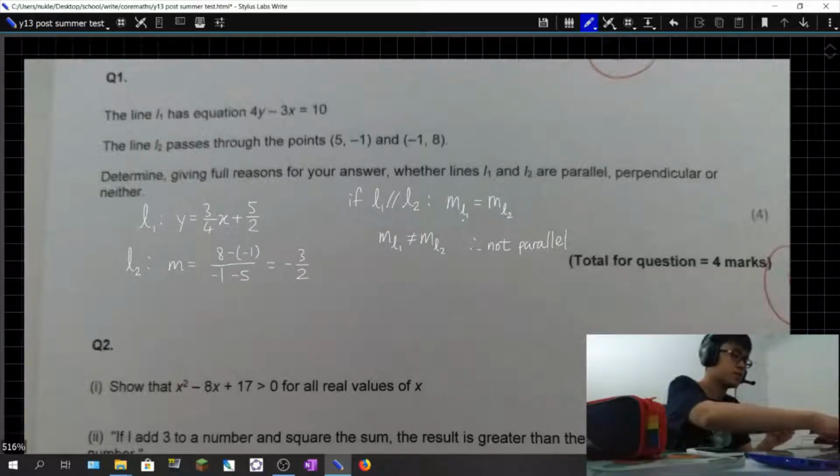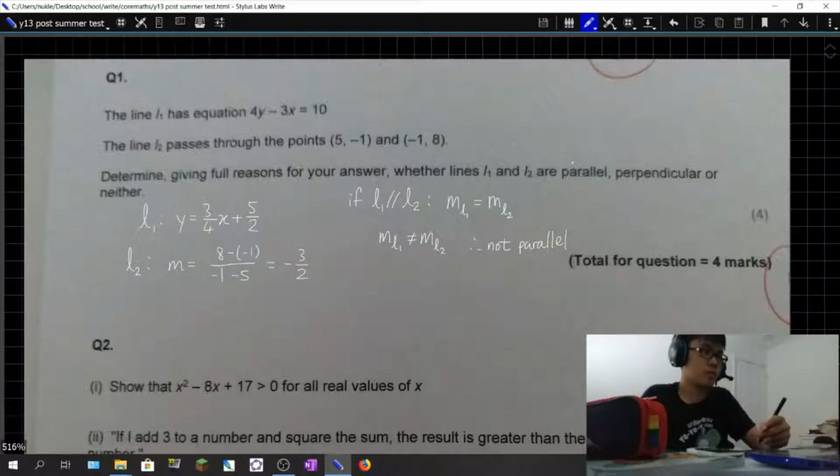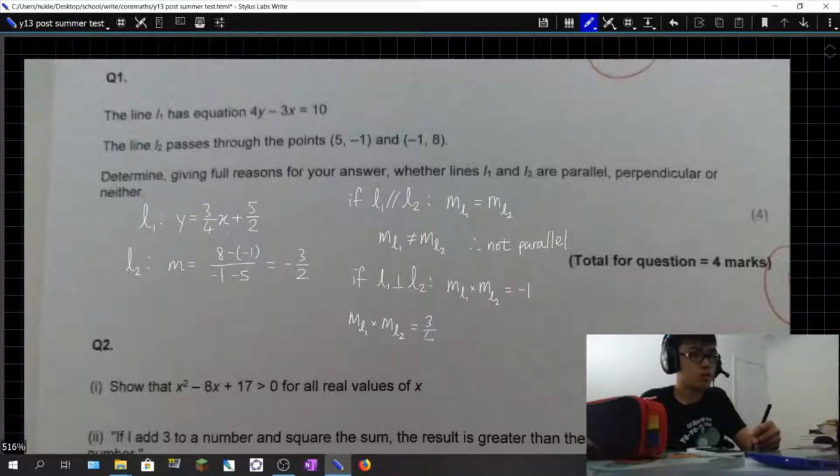And now we want to look at if it's perpendicular or not. So the definition of perpendicular lines in 2D is if L1 is perpendicular to L2, then the gradient of L1 times the gradient of L2 is going to be equal to negative 1. So let's test that. So gradient of L1 times gradient of L2, that is going to be 3 over 4 times negative 3 over 2.